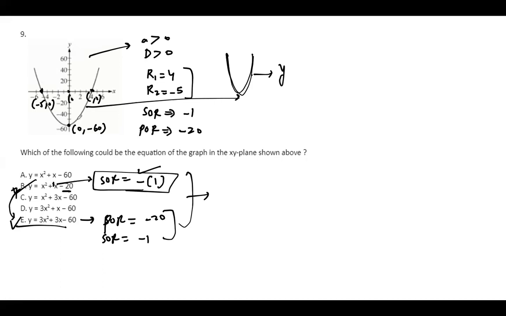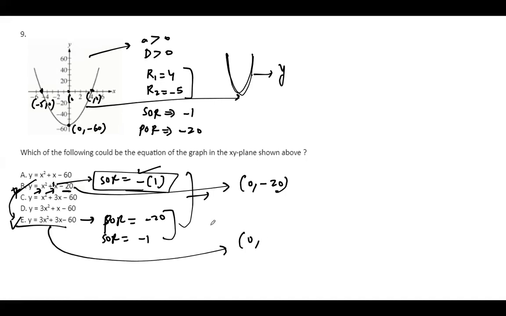When x is equal to 0, let's put x is equal to 0. Very good. When x is equal to 0, y is equal to minus 60 by option E. So sorry, the answer would be E.